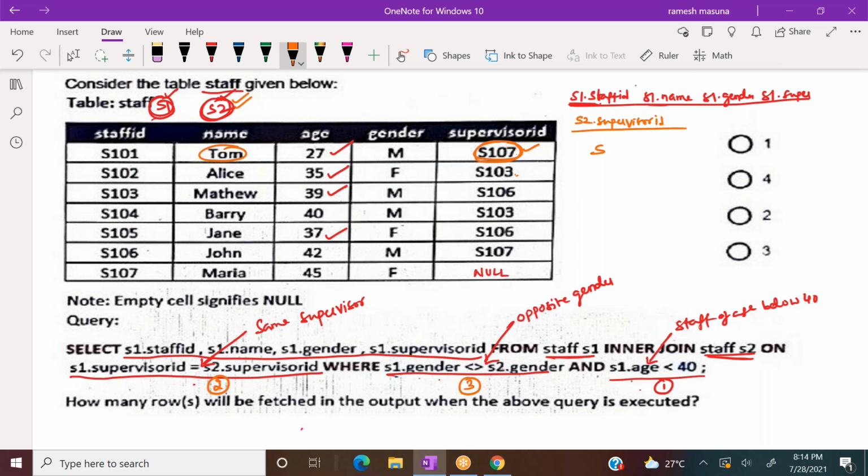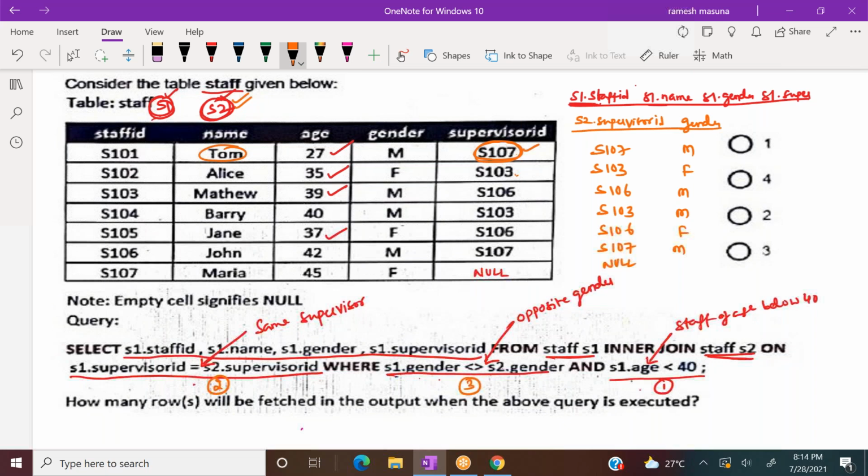So S107, S103, S106, S103, S106, S107, null. And one more is gender also should be opposite. What are the genders? Male, female, male, male, female, male, female.